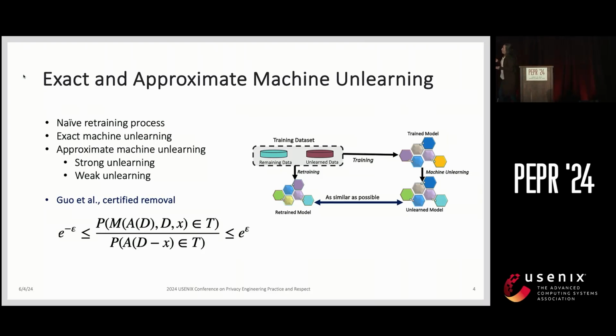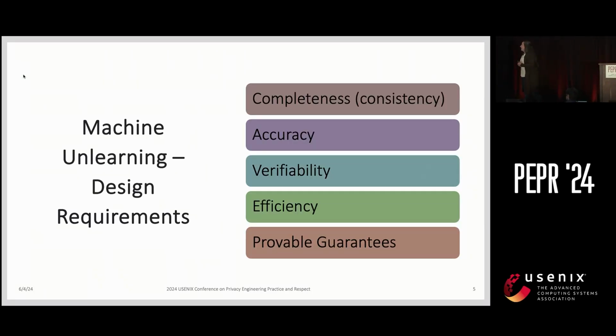So what happened in the space of machine unlearning over the last couple of years? Well, people have written all kinds of different papers around it, surveys and the like. And so a couple of things are worth paying attention to. If you want to design a machine unlearning algorithm, then a couple of requirements become important for you. First one being consistency. What you want to achieve is that your unlearned machine learning model behaves as similar to the retrained model as you can achieve, our similarity.